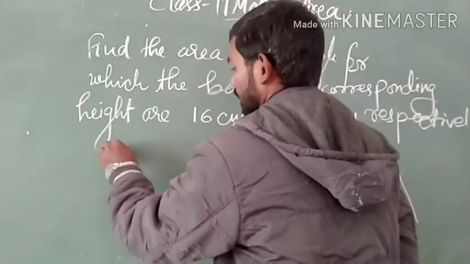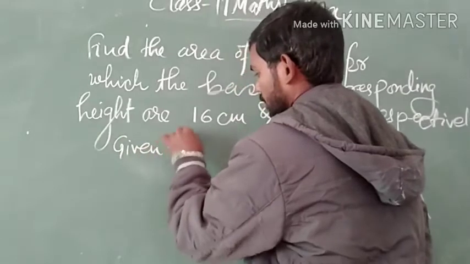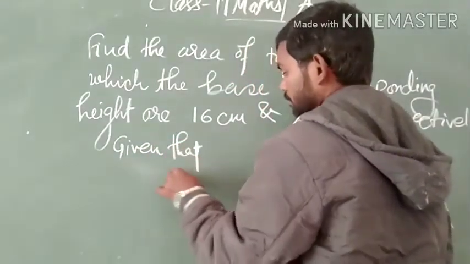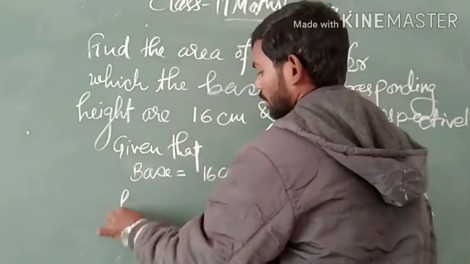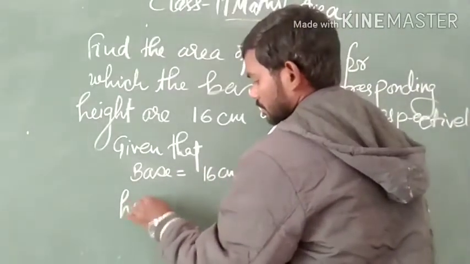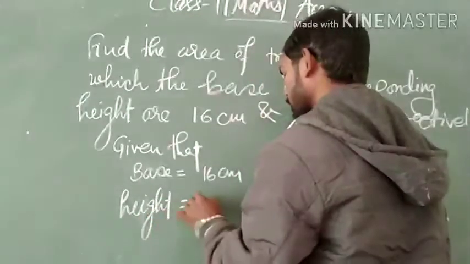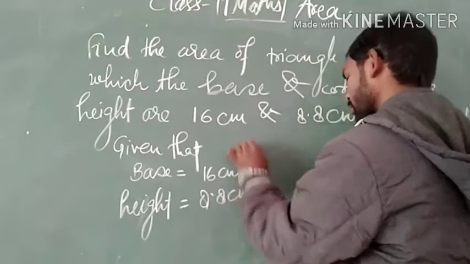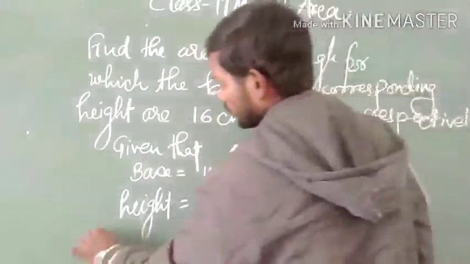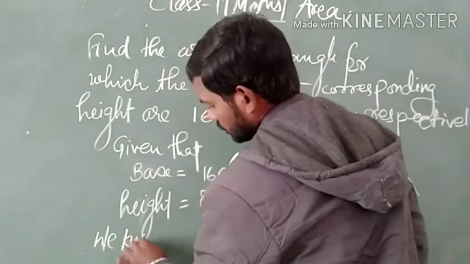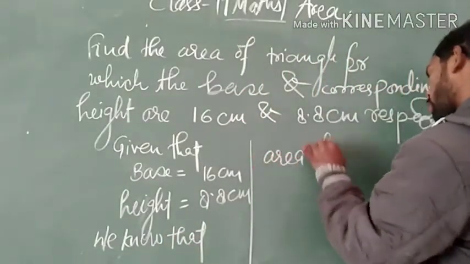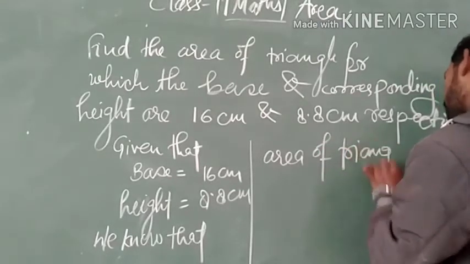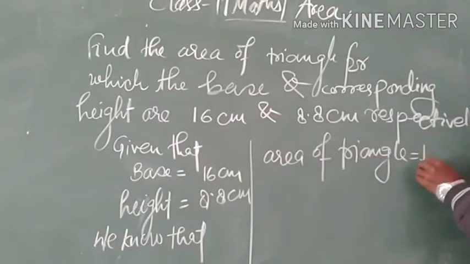Here first we write, given that base equal to 16 centimeter and height is equal to 8.8 centimeter, and we know that area of triangle is equal to 1 by 2 b into h.